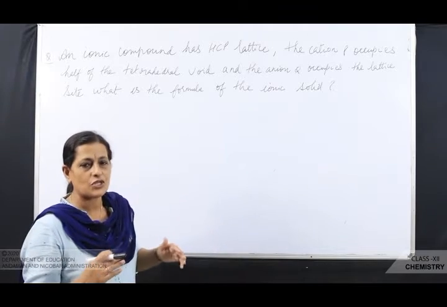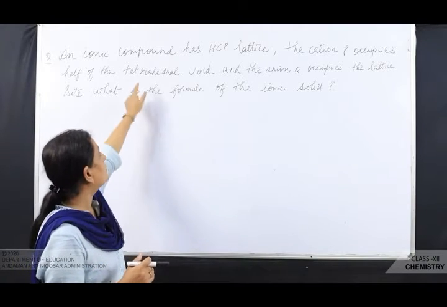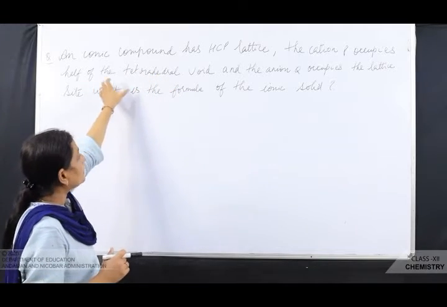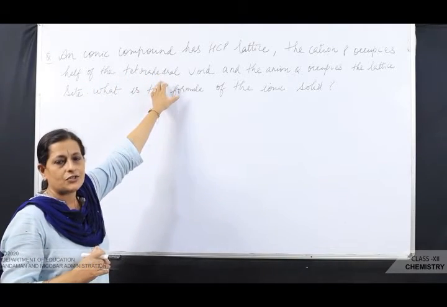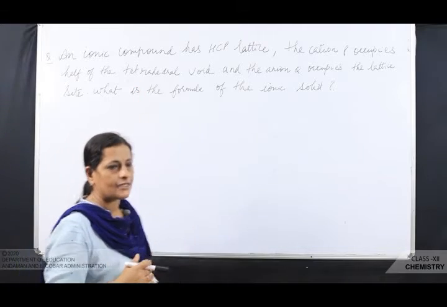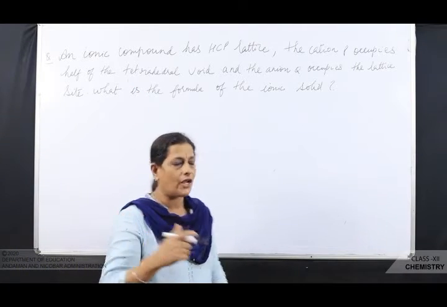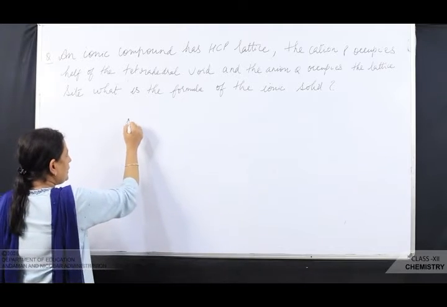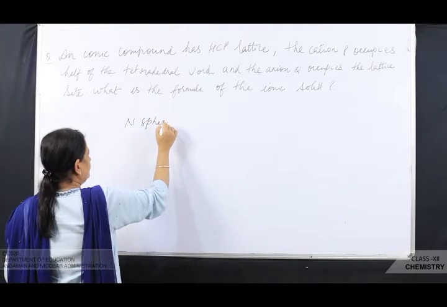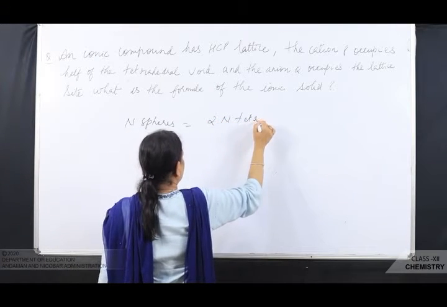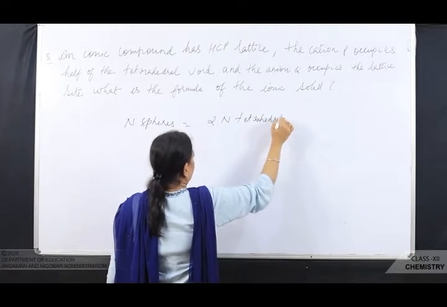Then what is the relationship between the number of spheres and tetrahedral voids? Why tetrahedral void? Because here the cation is occupying the tetrahedral void. We have already discussed that the number of spheres is equal to half the number of tetrahedral voids, that is, n spheres equals 2n tetrahedral voids.